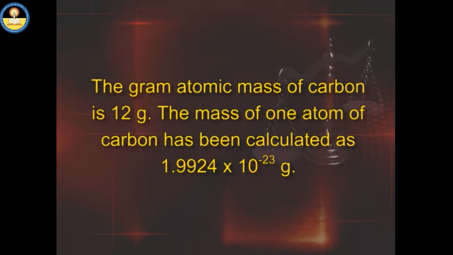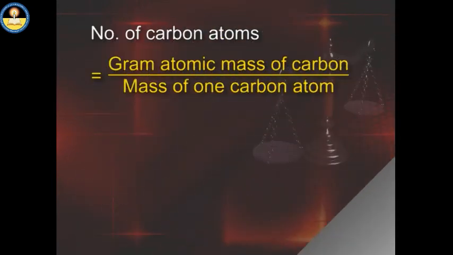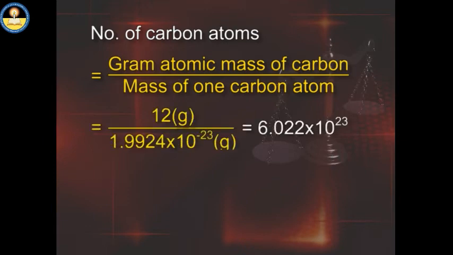The number of carbon atoms in 12 grams of carbon can be calculated as the gram atomic mass of carbon divided by the mass of one carbon atom, which is equal to 12 divided by 1.9924 multiplied by 10 to the power minus 23, which is equal to 6.022 multiplied by 10 to the power 23.